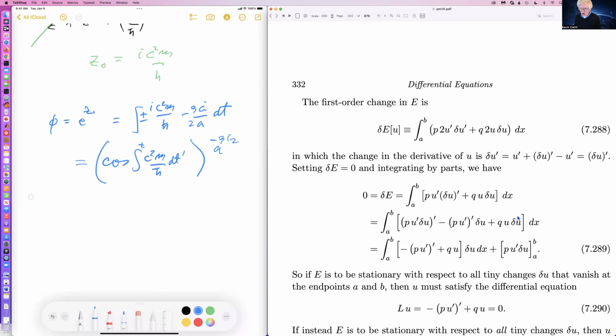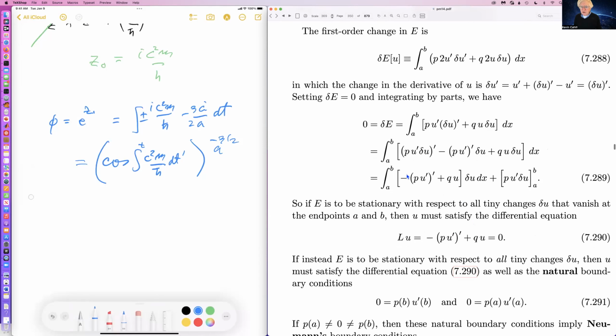We integrate by parts, and we wind up with the energy being stationary if this quantity is 0. And so suppose we want to say that E is stationary with respect to all tiny changes in U that vanish at the endpoints.